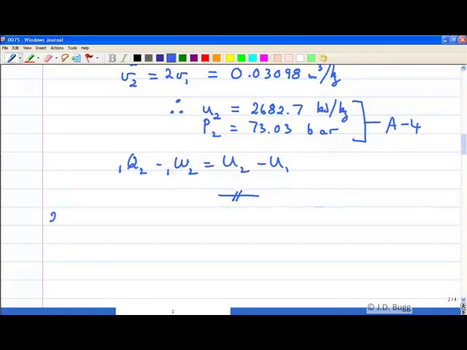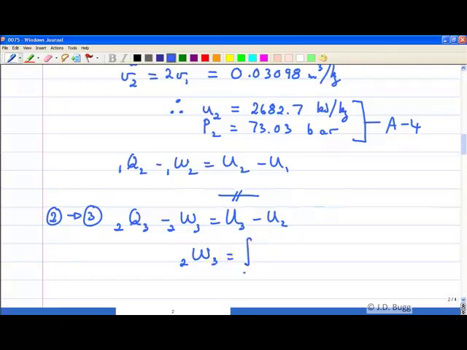So that means for now we move on to the process from 2 to 3. So again, first law from 2 to 3 is our starting point. Now this time we can go straight to a work calculation because we know the path.